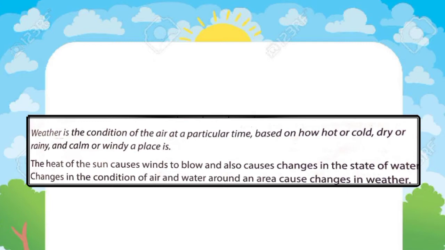So let me explain these common weather patterns in more detail. For example, hot and dry weather. During summer and spring, the weather pattern is commonly hot and dry.